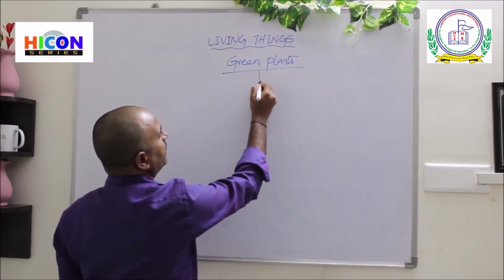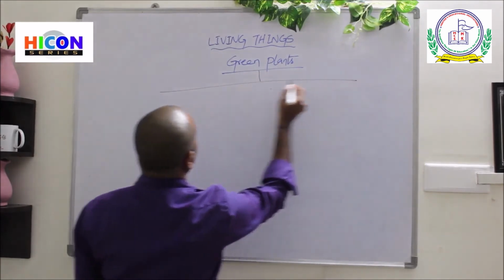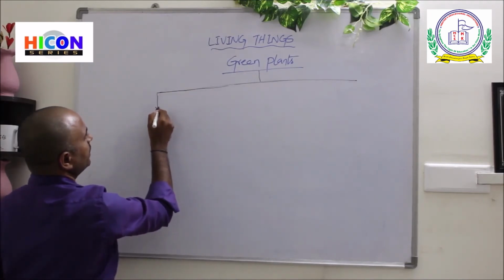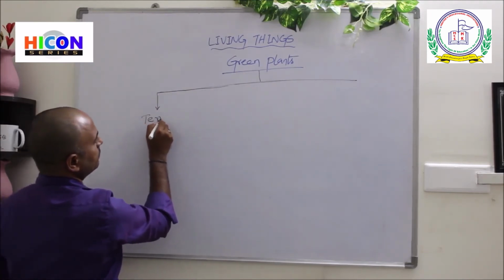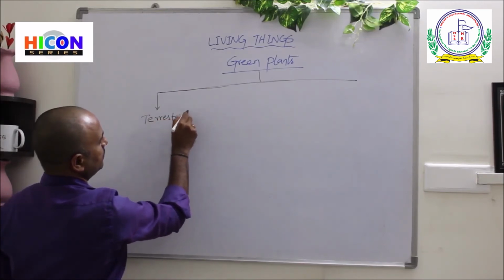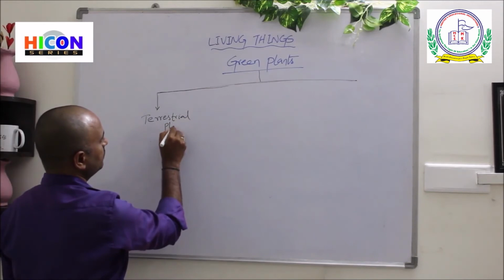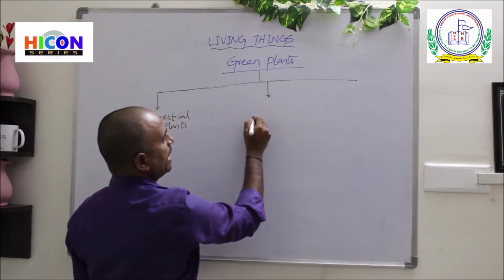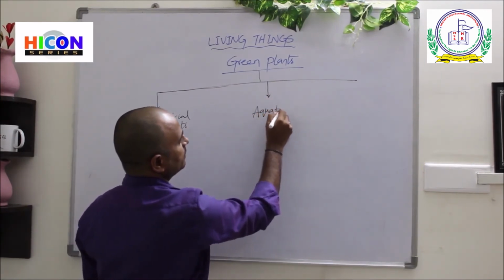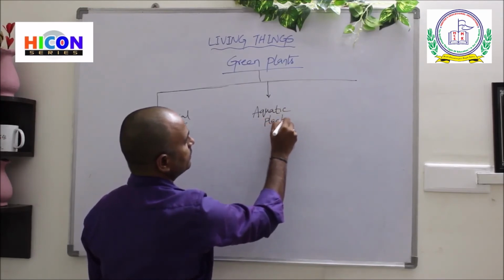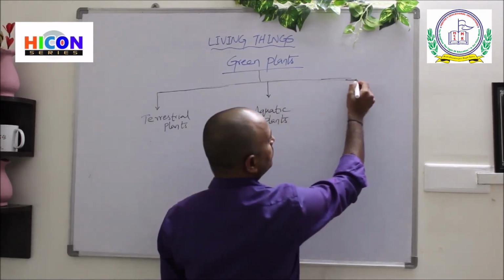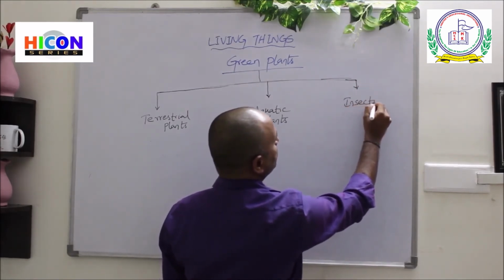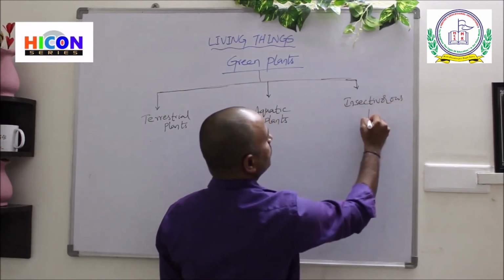So let us see the plants. The plants are divided into three types. First of all, the first one is terrestrial plants, and the second one is aquatic plants, and the third type is insectivorous plants.